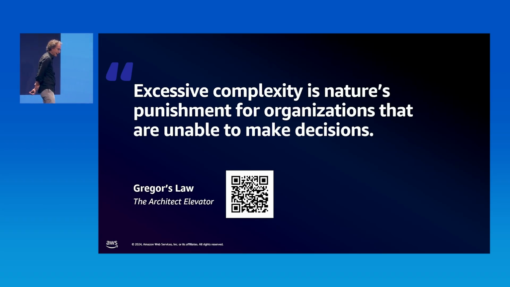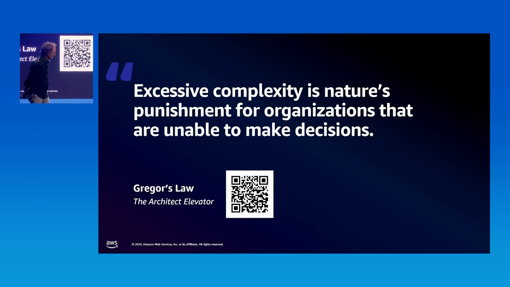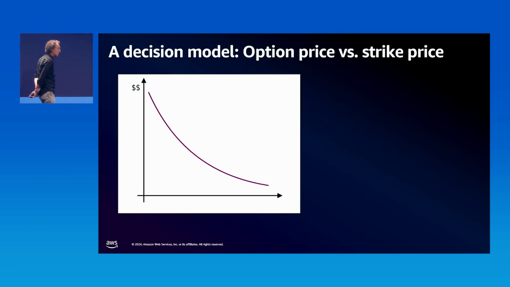For money, there's a bank where you can put it and take more out of. For complexity, there's no place where you can go and deposit that. So be careful, right? Having options is nice. Having all the options all the time comes at a high price, and that price is excessive complexity. So let's stick with the options a little bit.